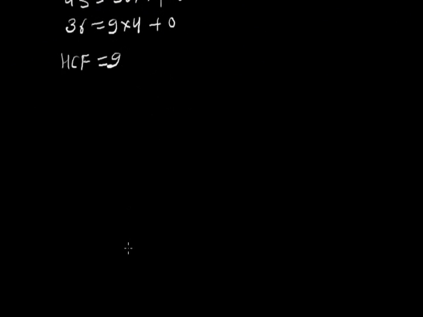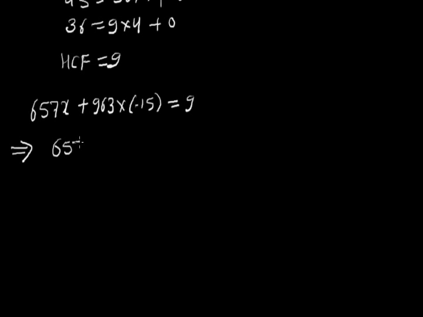Now according to the question, the HCF is expressible in the form 657x plus 963 multiplied by minus 15, and this is equal to the HCF of these two numbers, which is 9. If we solve this equation, 657x is equal to 9 plus 963 into 15.